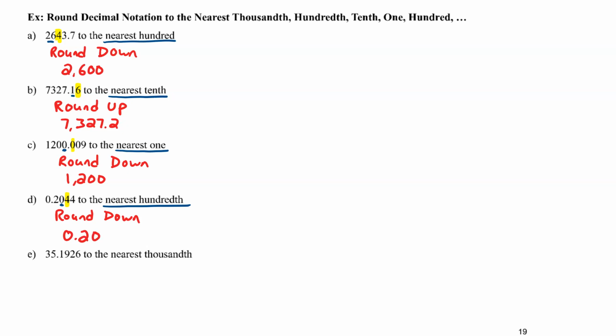The last one is rounding to the nearest thousandth. Again, that is behind the decimal, the third position behind the decimal. When we look at the digit to the right of that, we have that 6, which is bigger than 5, so we are going to round up.